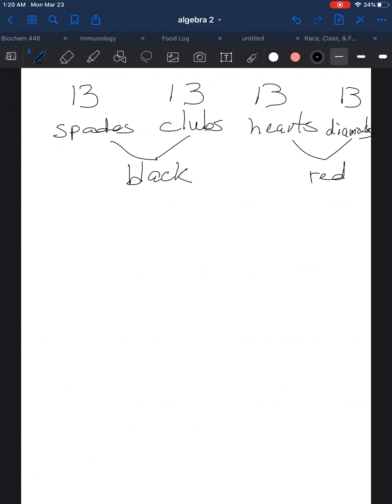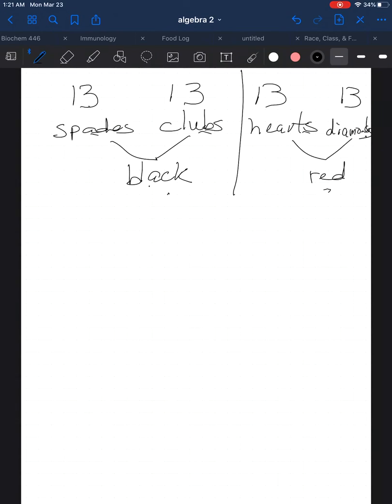And both of these are red. So half of the deck is red, half of the deck is black. Okay? There's 4 suits, spades, clubs, hearts, and diamonds. So the 52 divided by 4, each one of them has 13.